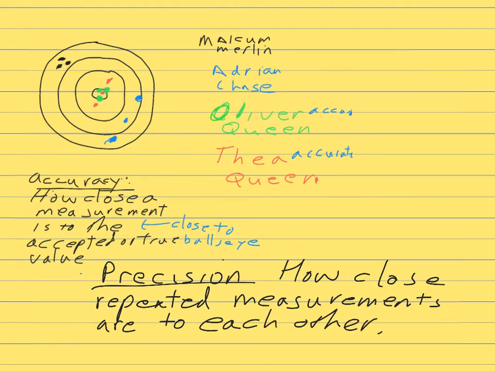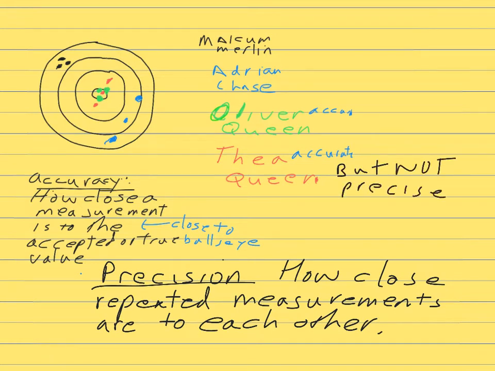That's referred to as precision. If we look at our target here again, we can see that Thea Queen, even though she was very accurate because her arrows all fell close to that bullseye, her arrows weren't very close together. So we would say that she was accurate, but not precise.